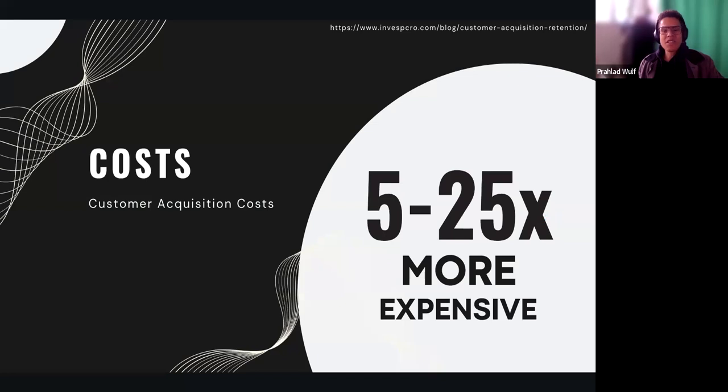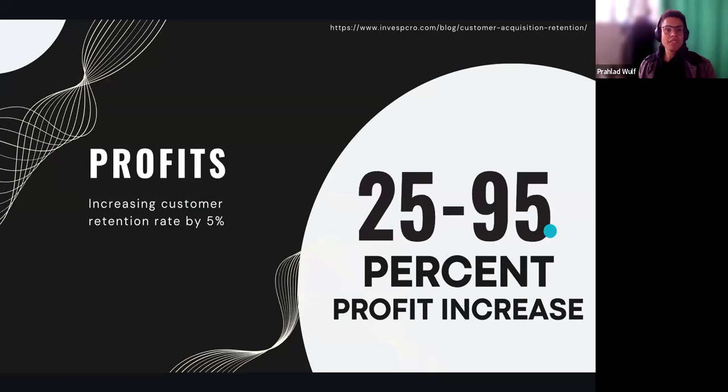The cost of customer acquisition is 5 to 25 times more expensive than keeping a pre-existing customer. So you want to retain the customers that you have to increase the bottom line. Increasing the customer retention rate by just 5% could increase profits by 25 to 95%. So it is very important for customer retention.